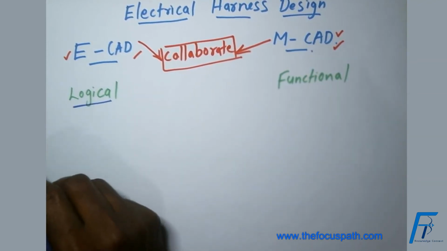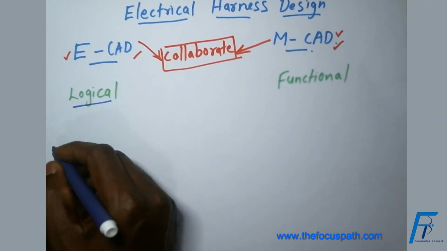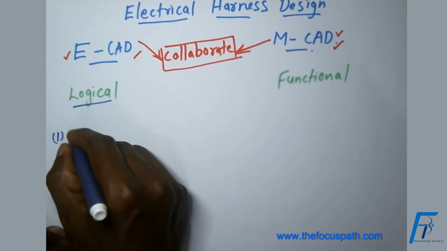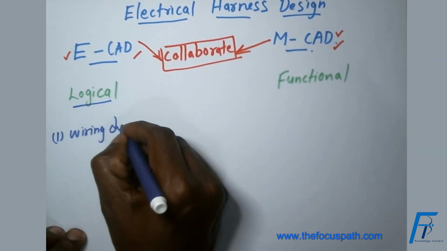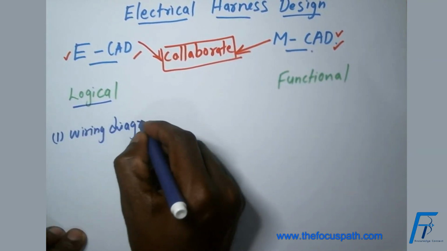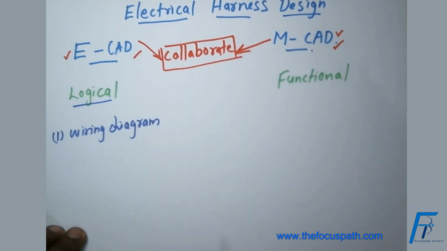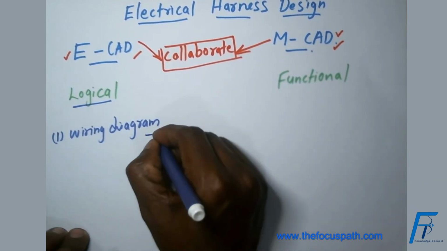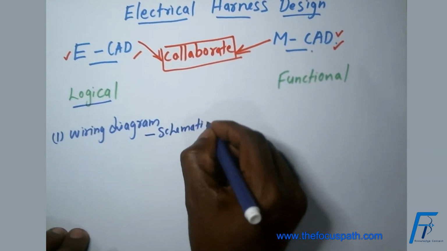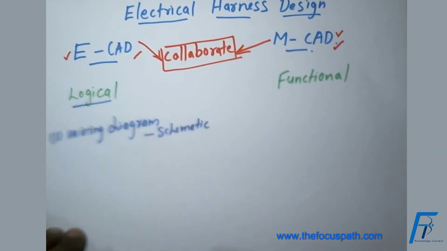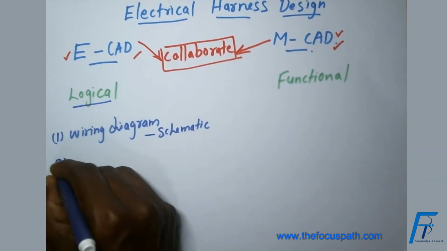Logical is more into the wiring diagram first, where we have schematic information about the wiring diagram. It's 2D, where we place the component in 2D.